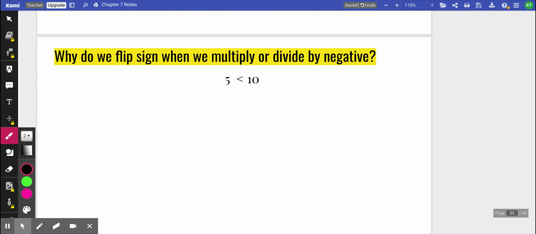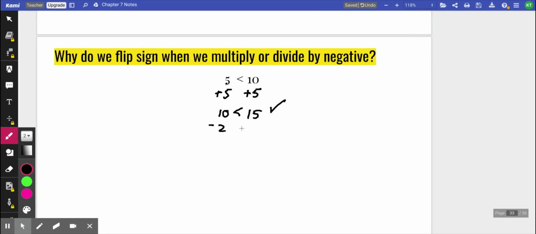Now, let's look at why we're going to flip, okay? So we looked at this in last lesson, and we'll start there just to relate it all together. Hopefully we can all agree that 5 is less than 10, okay? So if I add something to both sides, is 10 still less than 15? Yep.